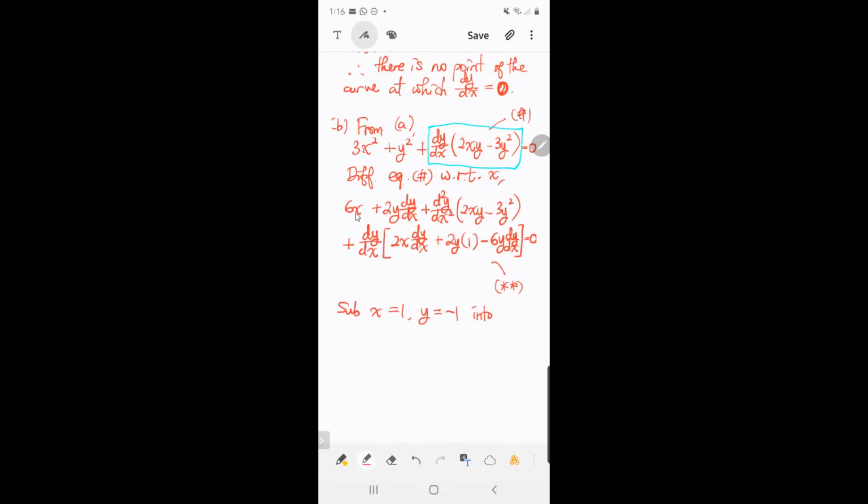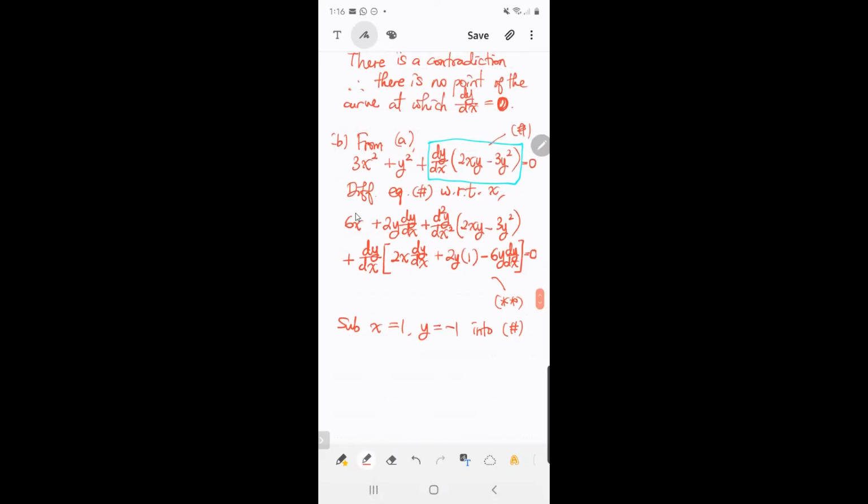Equation hash is 3 times 1 squared plus (-1) squared, because that is y squared, plus dy dx, which is the term you are looking for, times the bracket: 2 times 1 times -1, so -2, then minus 3, because y squared means 1.